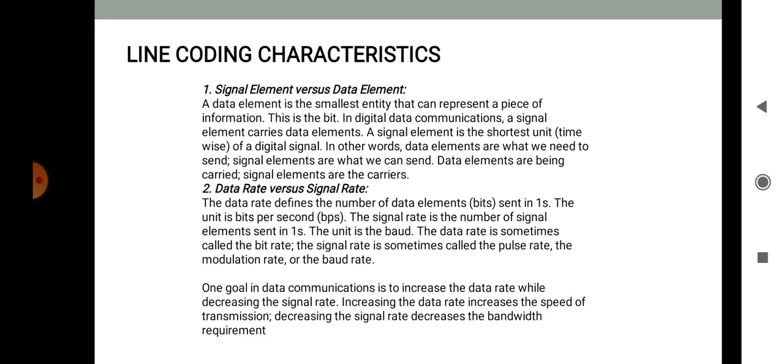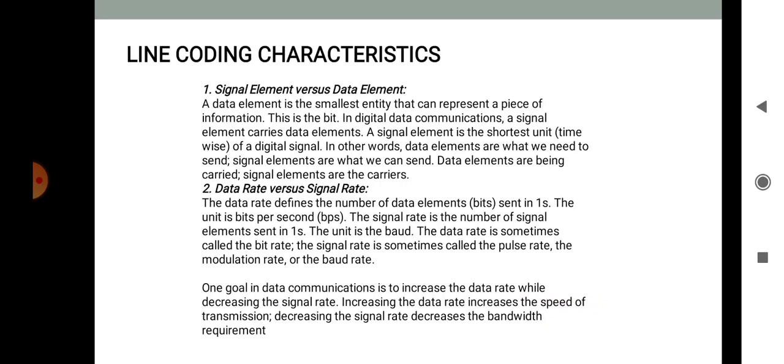A signal element is the shortest time unit of the digital signal. In other words, data elements are what we need to send, signal elements are what we can send, and data elements are being carried while signal elements are the carriers.